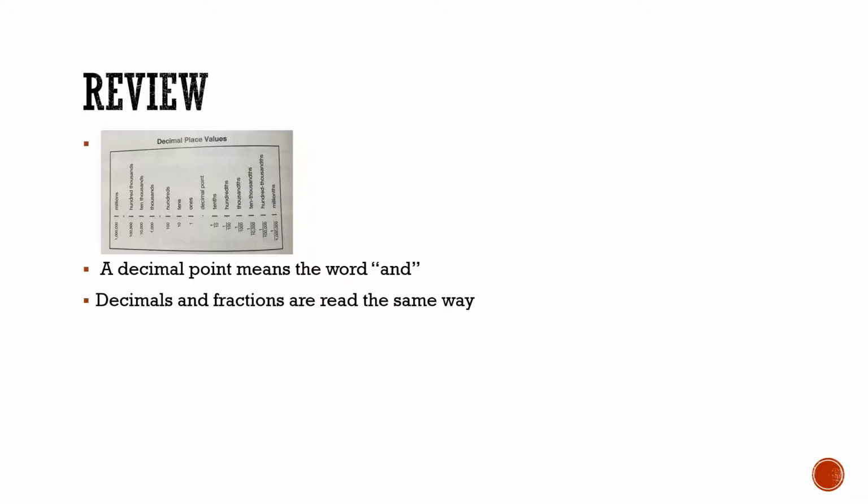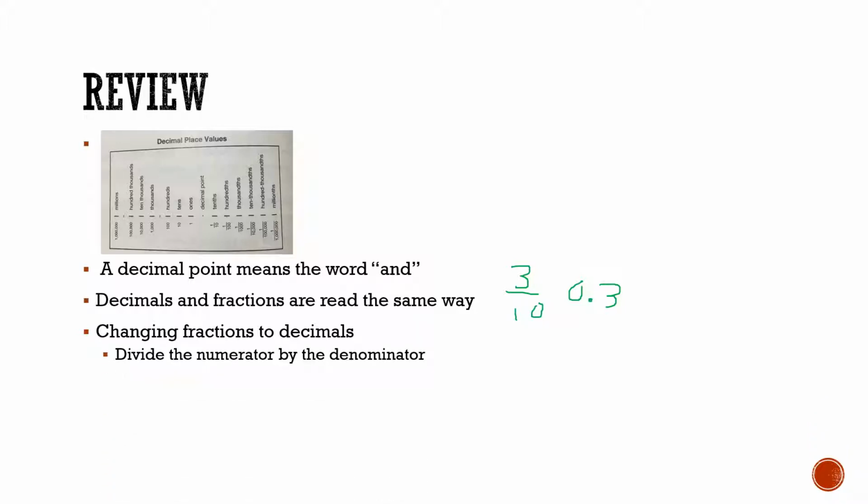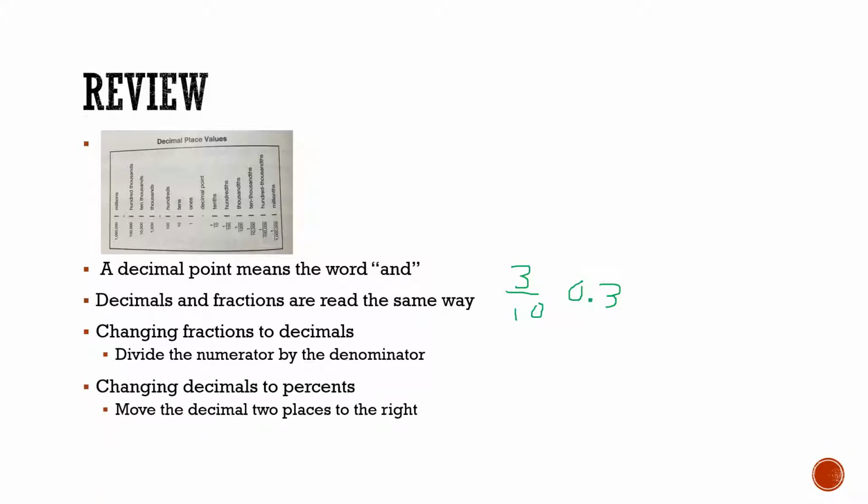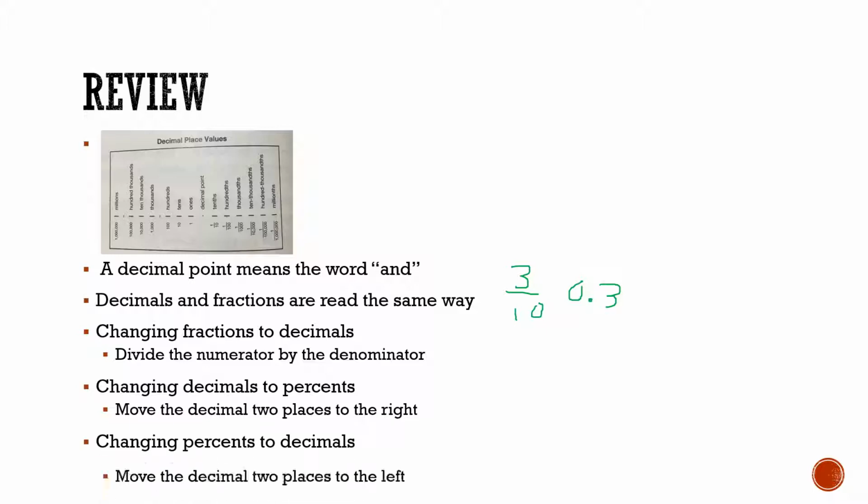Decimals and fractions are read the same way, so if you have 3/10 and 3/10, you say them the same way. Changing fractions to decimals, we do that by dividing the numerator by the denominator. Changing decimals to percents, we move the decimal 2 places to the right. And changing percents to decimals, we move the decimal 2 places to the left.